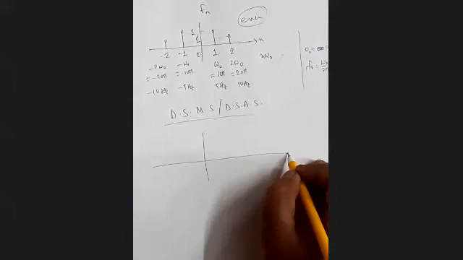What about our alpha n? N equal to plus 1, plus 2 pi by 3, right? 20 pi.